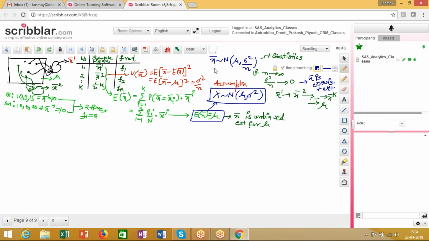Now let's look into the next part. Now coming to the sample variance. The population variance is sigma square, right? And we try to estimate the population variance using the sample variance. So ideally, the expectation of sample variance should be equal to sigma square, but it is not.